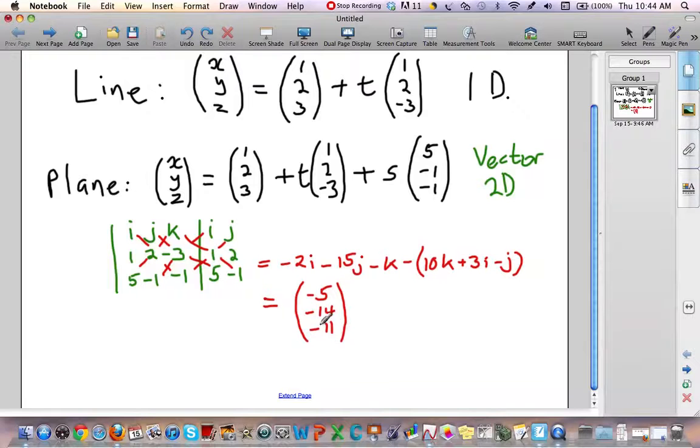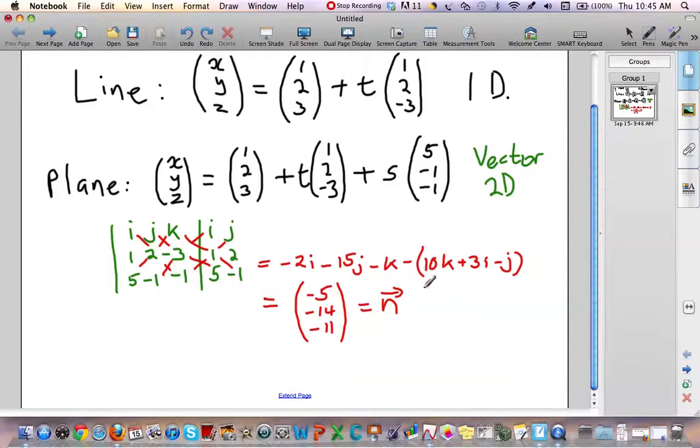And what I've obtained there is a vector which is perpendicular to both of the direction vectors that I selected for my plane. And what we do is we refer to this vector as the normal to the plane.